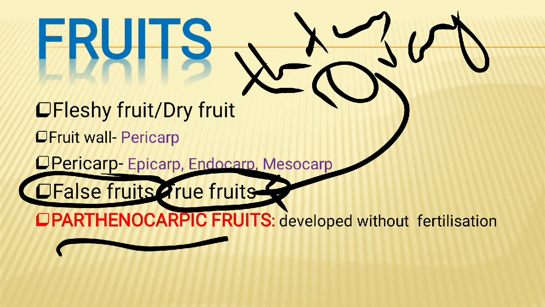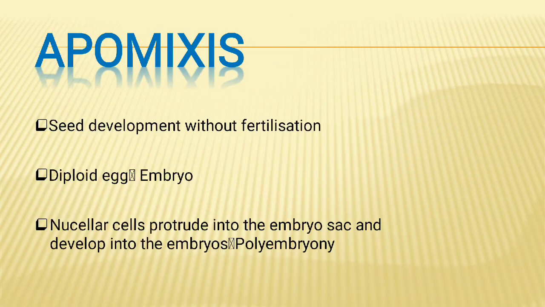Next, parthenocarpic fruits. I have already told you, fruits developed without fertilization, means without seeds. So next one, apomixis. Don't get confused now. They may ask the difference between parthenocarpic fruit and apomixis, or the parthenocarpy definition and the apomixis definition.